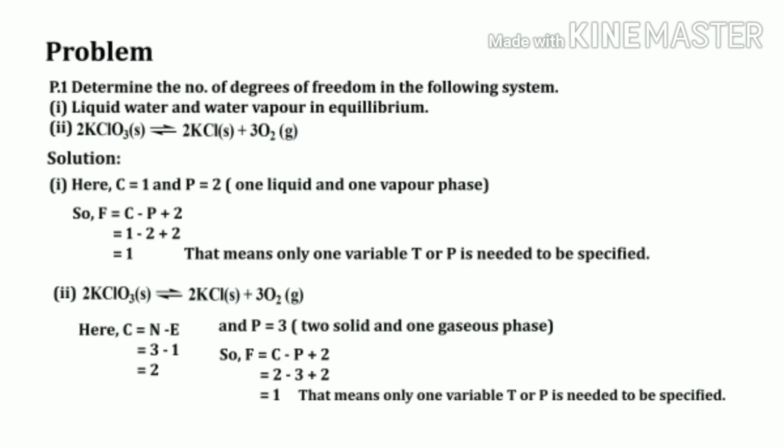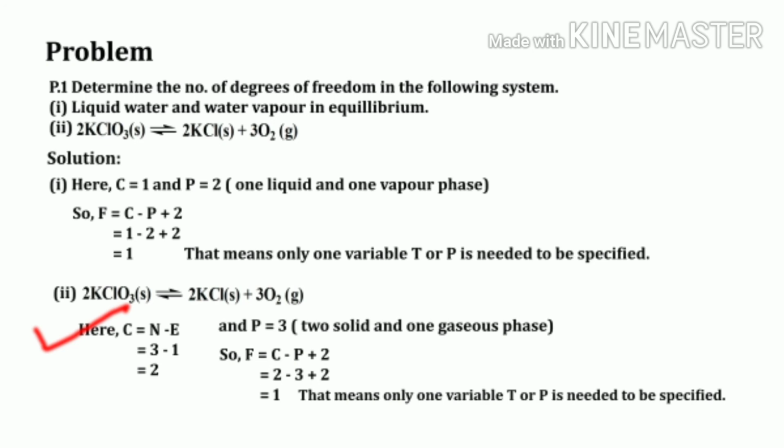Now let us solve the second problem. Here an equilibrium equation is given where potassium chlorate, KClO3, undergoes decomposition to produce potassium chloride in solid state and oxygen in gaseous state. So here the number of components C is equal to N minus E, which is equal to 3 minus 1, because the number of species involved is 3.